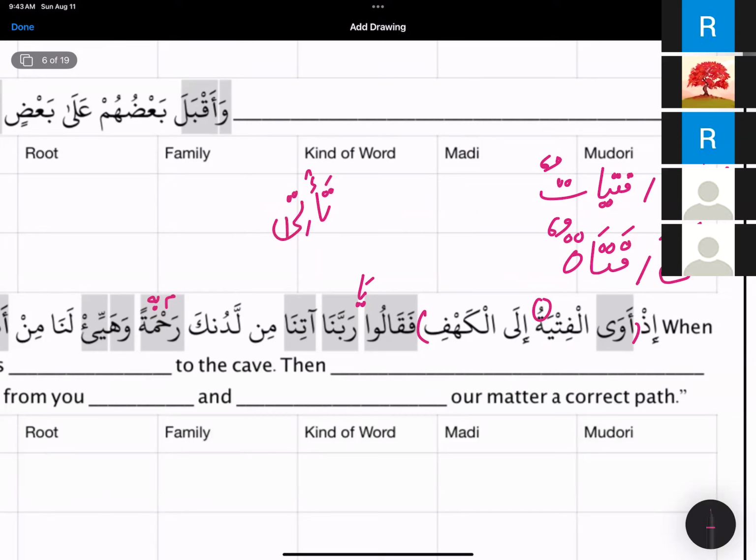We are going to make it Majzoom. And when we have Nakis, the Majzoom is that we drop the weak letter, and then we also drop the sign of Mudariya. And now it's not readable, right? So I need to bring Hamza. Iti will be Ati. Madhya badal ho jata hai. It will be combined, Alif and Hamza.